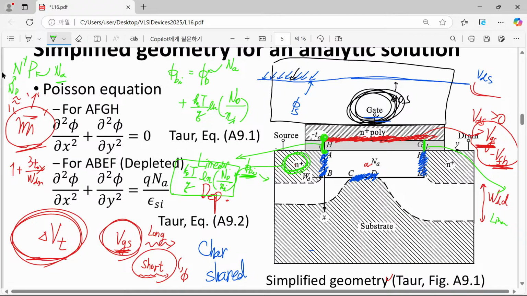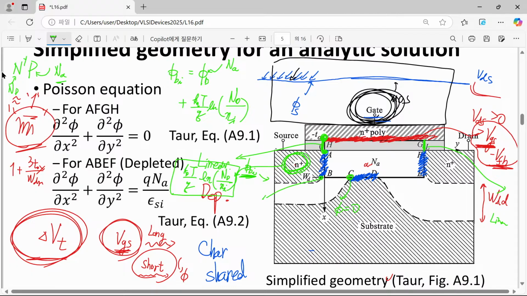Everybody in this room can perform this kind of job. But the point is, when we have this kind of complicated problem, good researchers find a way to simplify this relatively complicated problem. What they assume is, okay, potential equal to 0.